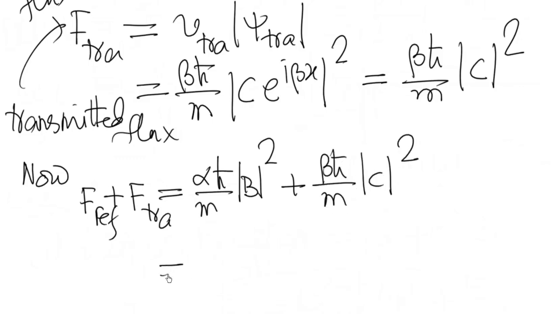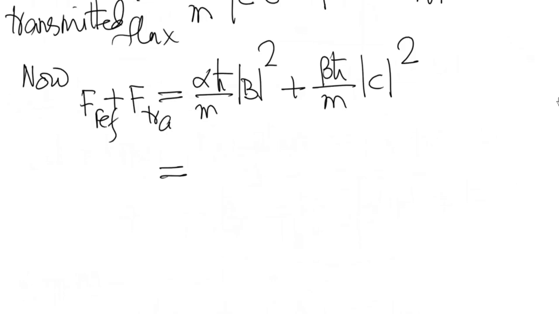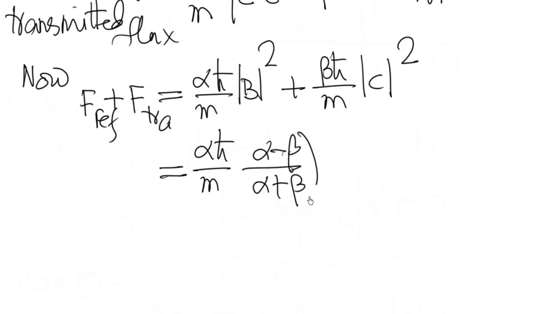And now substitute the values of B and C in terms of A we have found out earlier. And this B was alpha minus beta divided by alpha plus beta.